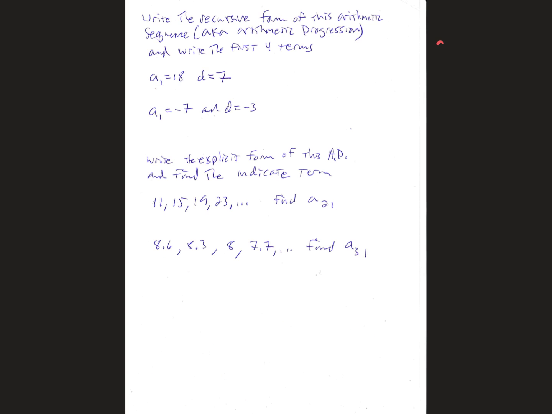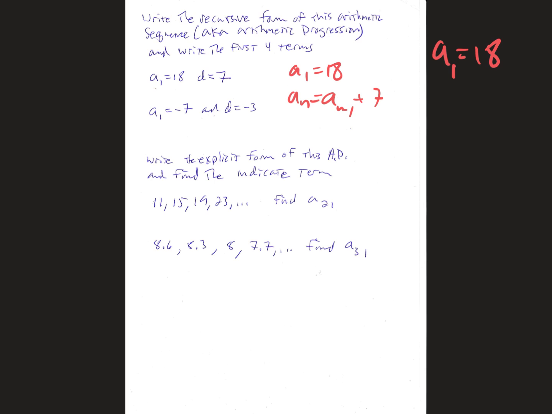Okay, so there I wrote down that I want to write a recursive form for this sequence defined by the first term of 18 with a common difference of 7. Then I'm supposed to write the next 4 terms. You can stop it and try it yourself, or I'm just going to go ahead and do that. The recursive formula will be a sub 1 equals 18, and then a sub n equals a sub n minus 1 plus 7, and that's all you have to do.